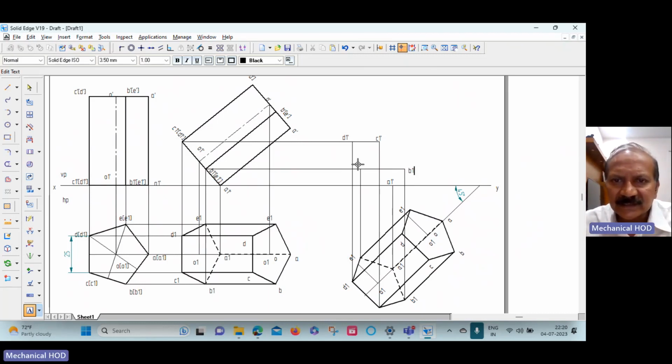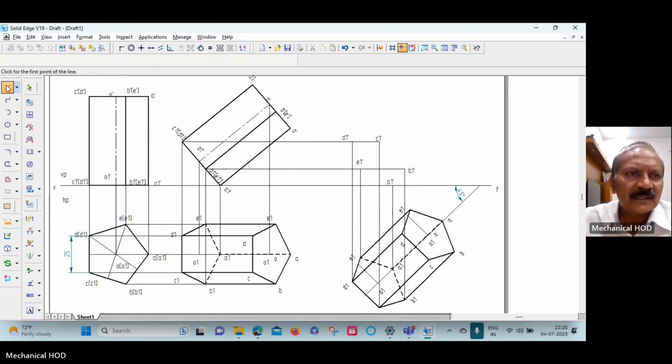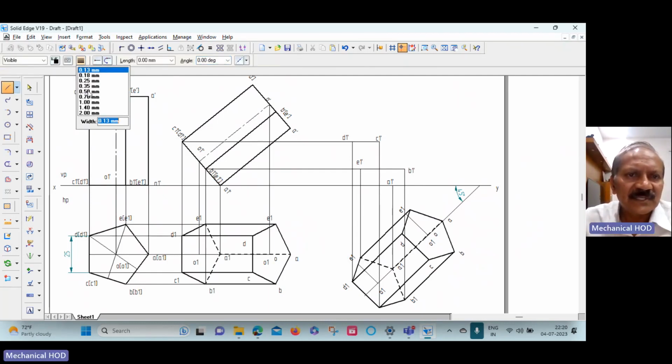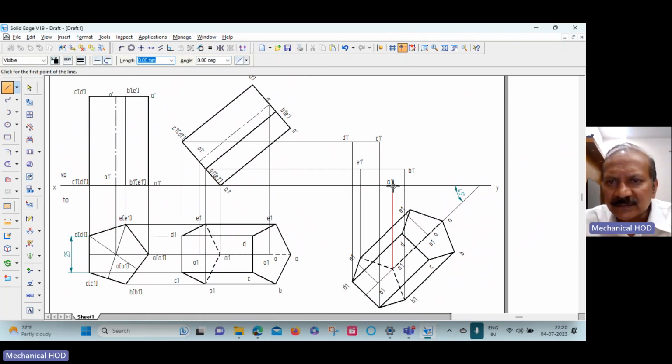This is E dash. E1 dash. Identify five points. Then join sequentially. A dash to B dash, like this. Okay.